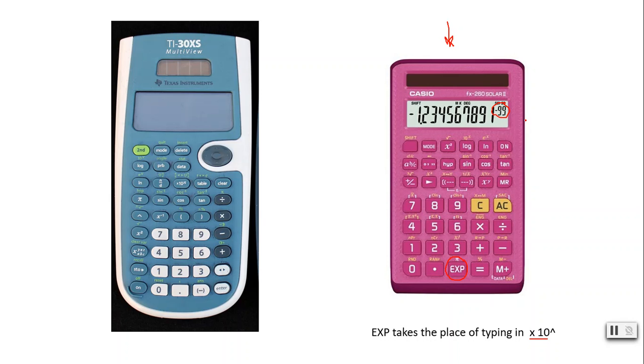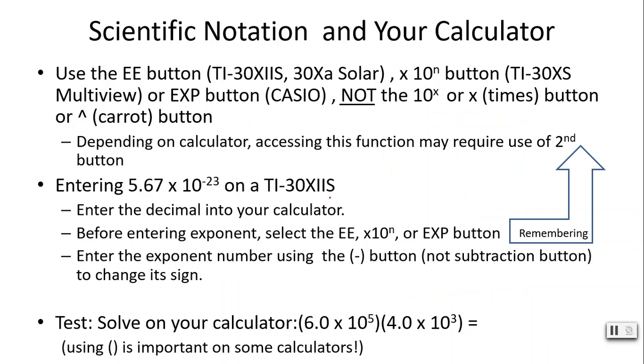So those are the main types of calculators that I have seen students ask questions about when entering something in scientific notation. Now I want you to just take a moment and try to enter this number in scientific notation on your calculator. And I guess what's most important is to try and enter two numbers and do a mathematical operation with them.